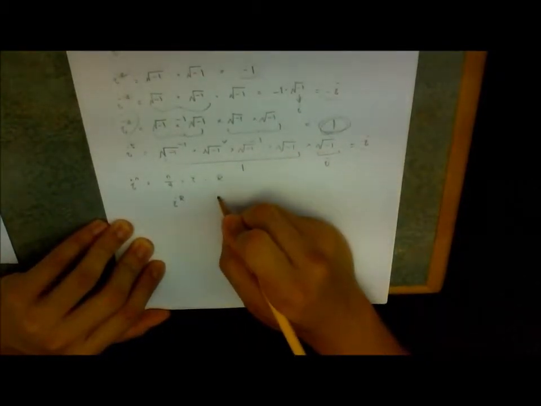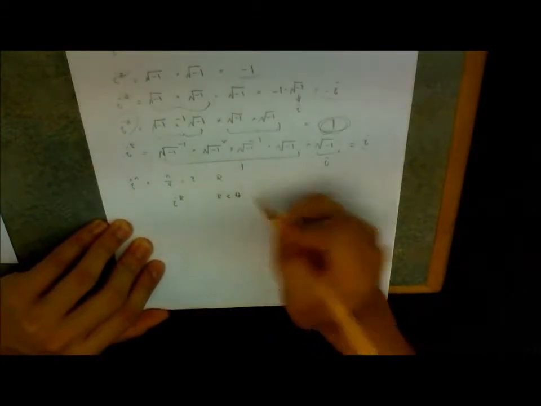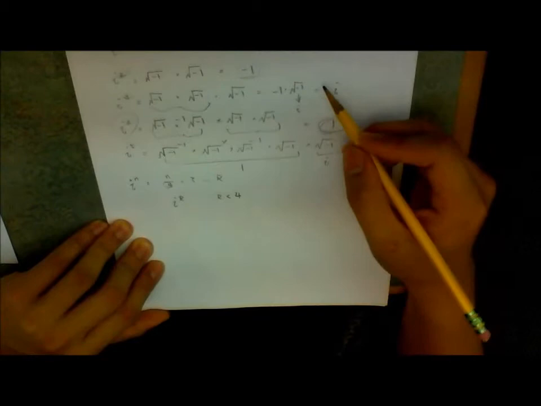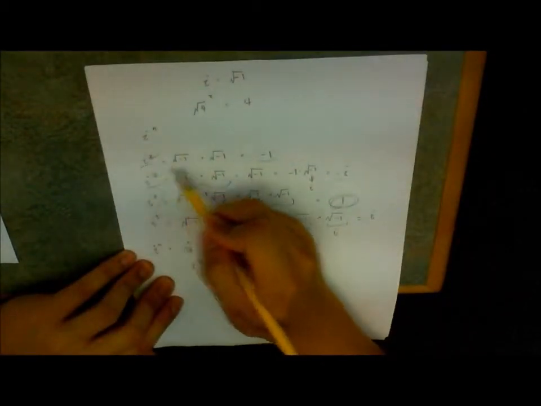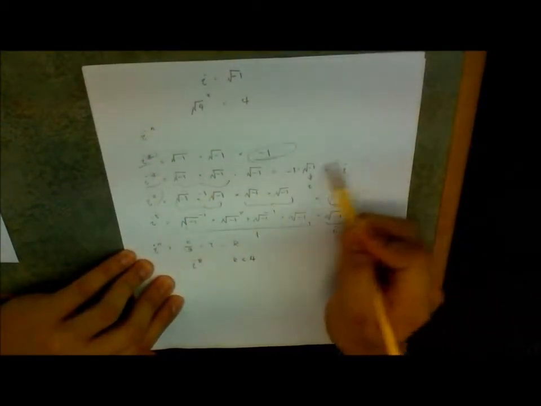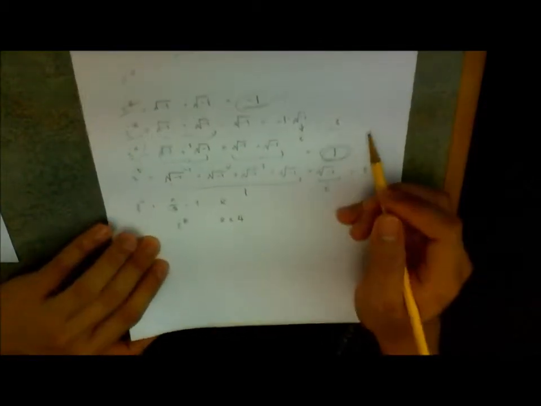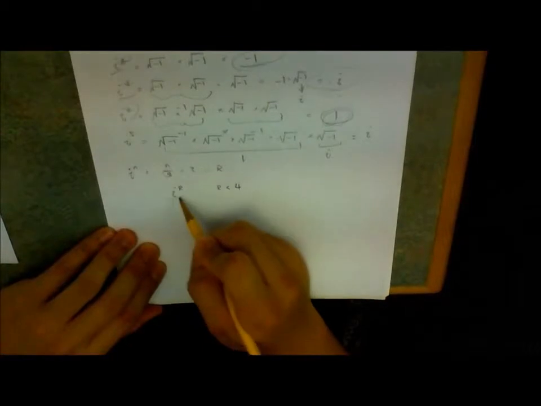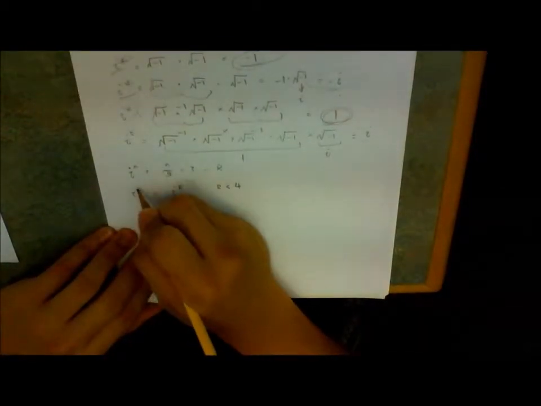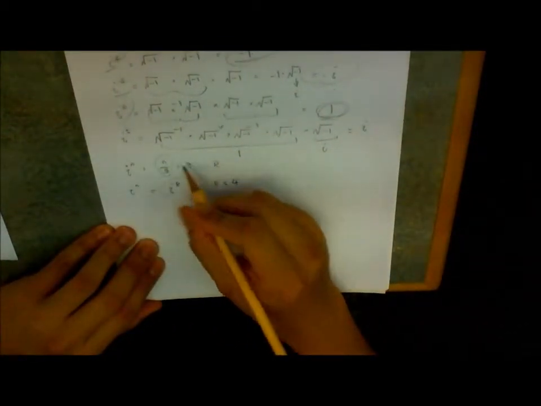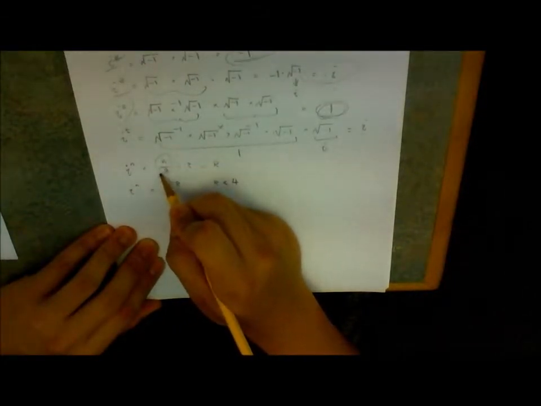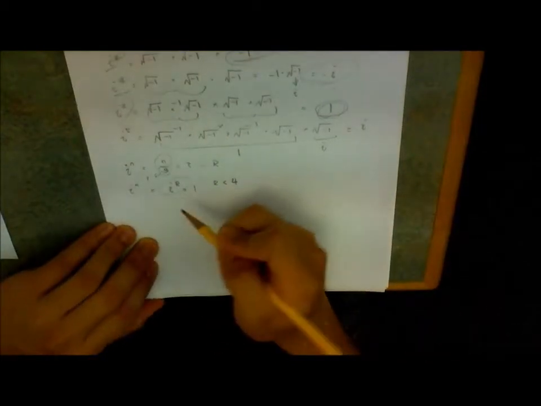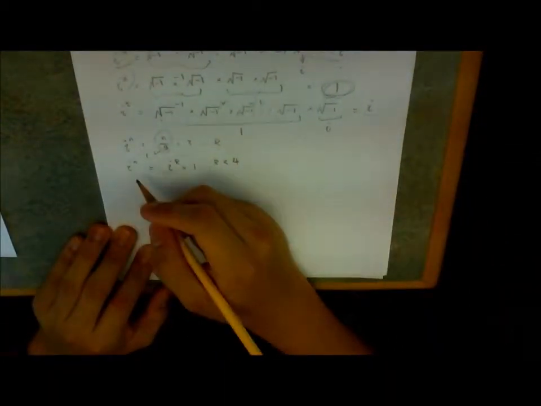We know that the remainder is going to be less than 4, because we're dividing by 4. So all we need to know is these identities, or we can just think about them as we're doing it. So i to the r is going to be the same as i to the n, because this is only going to become 1. So it's going to be i to the r times 1. So that's an example.